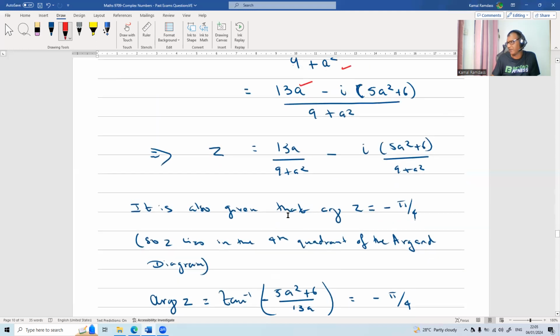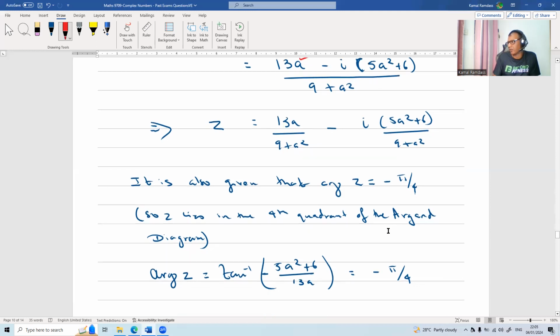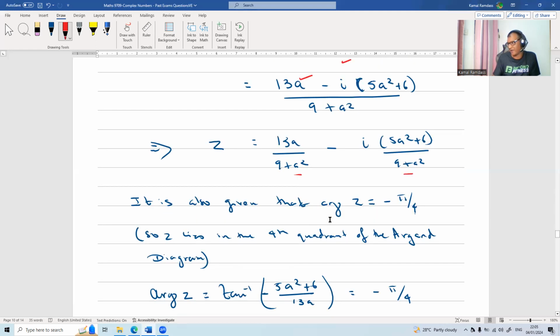So z lies in the fourth quadrant of the Argand diagram. And tan inverse of imaginary of z divided by real of z is equal to minus pi by 4. So tan inverse of minus 5a squared plus 6 divided by 13a, because the denominators cancel as they are the same, is equal to minus pi by 4.